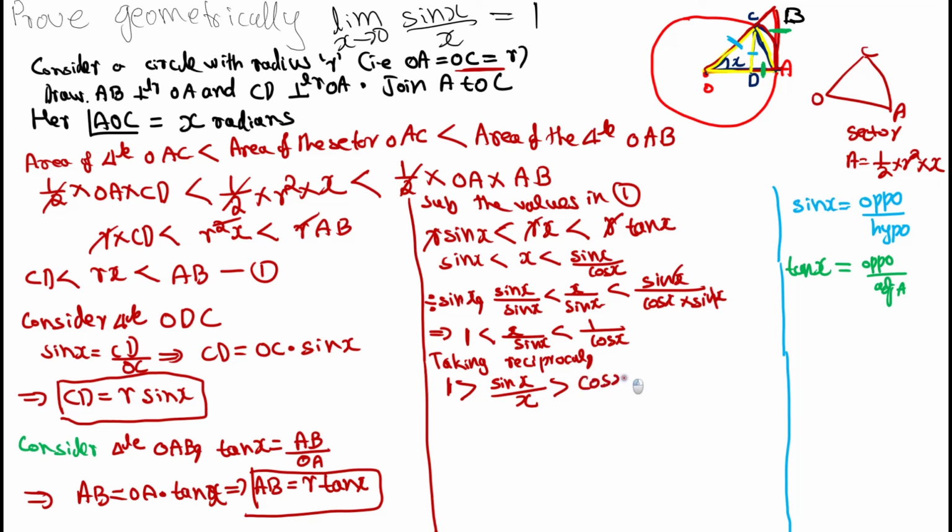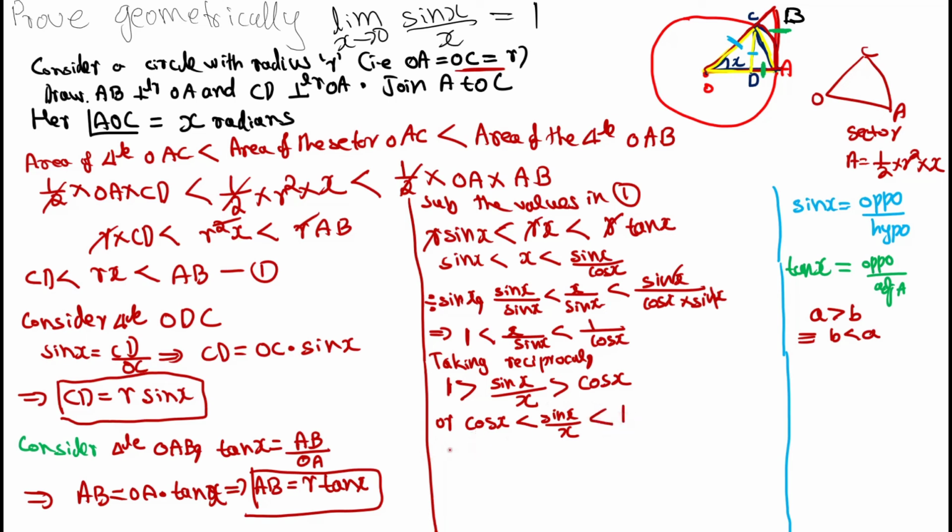Since a greater than b is equivalent to b less than a, I can write cos x less than sin x by x, and sin x by x less than 1.